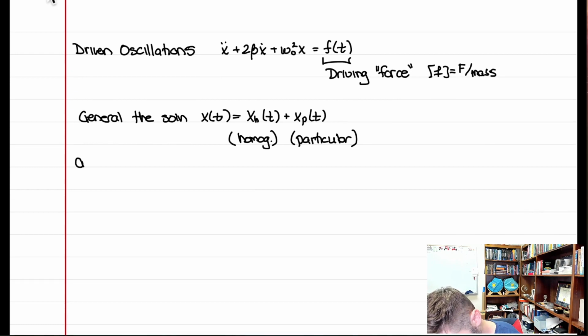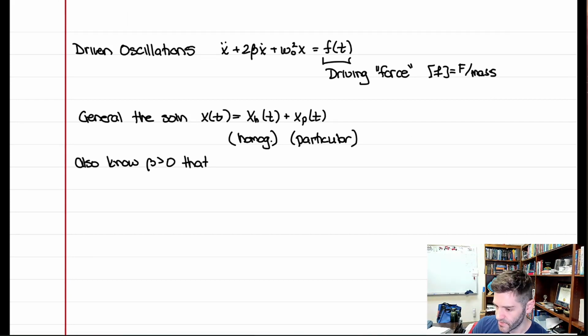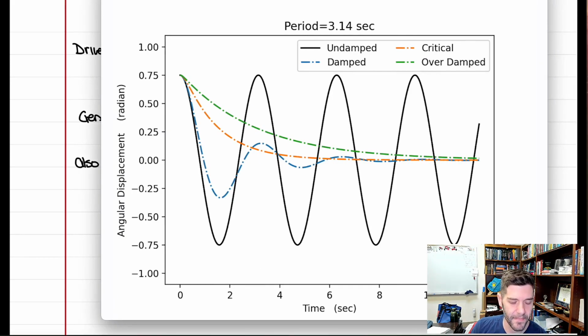But then we also know why this particular solution could be very important, because we also know that when beta is greater than 0, in any case where there is damping, critical, overdamped, underdamped, doesn't matter, eventually this homogeneous solution, which is what I'm really plotting here, goes to 0.